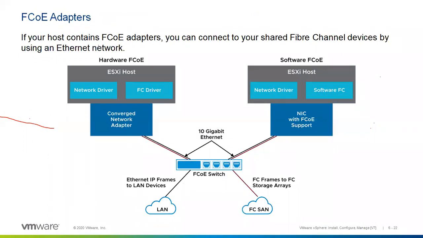Those servers come with a converged network adapter. They will go to the FCOE switch, primarily what we call fabric interconnect modules. And from the fabric interconnect modules further, my traffic gets segregated into Fiber Channel switches and core networking switches. All right.